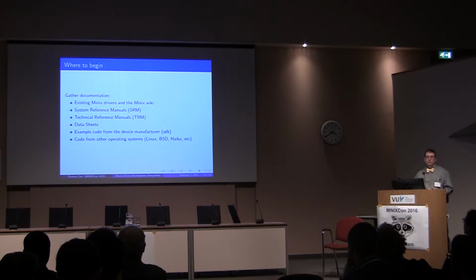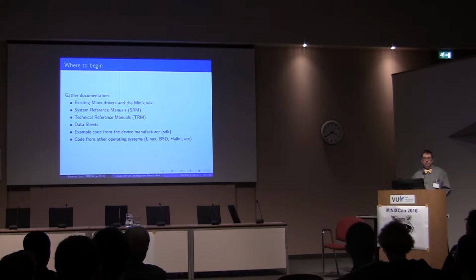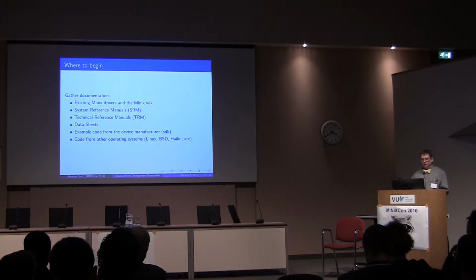The AM335X, which is the system on a chip on the BeagleBone, has a huge manual that's tens of megabytes. There's data sheets for individual chips, and some device manufacturers also provide a software development kit with sample code that you can reuse, and you can also look to other operating systems as long as you respect the license.